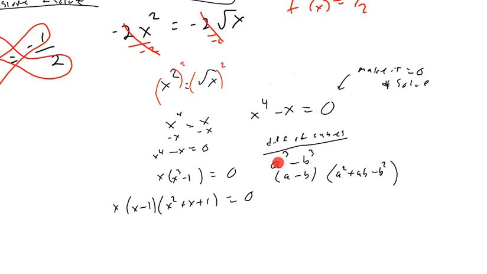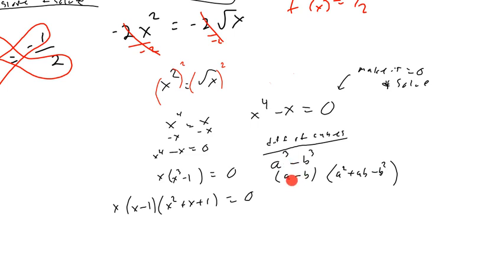A cubed minus b cubed is a minus b, right? Keep it the same. Keep, change, square. Keep, square, change, multiply, square. Keep the negative, right?